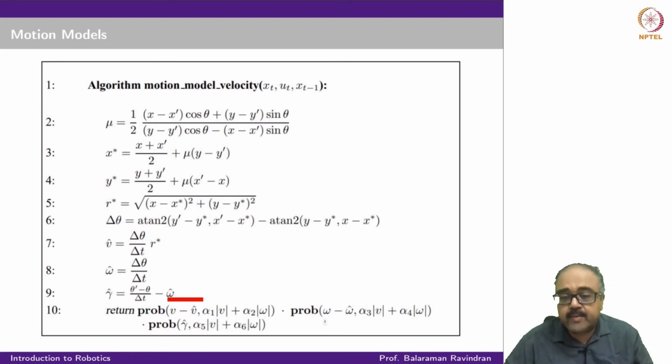The second term likewise does that for omega, and here alpha 3 and alpha 4 again are parameters that look at how the magnitude of the velocities affect the error in the angular position.